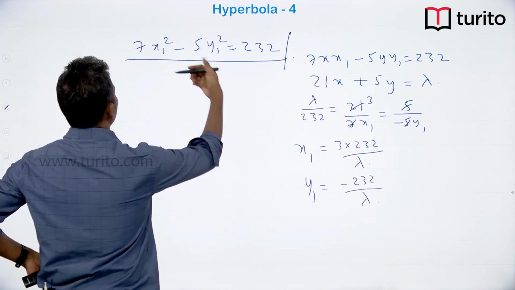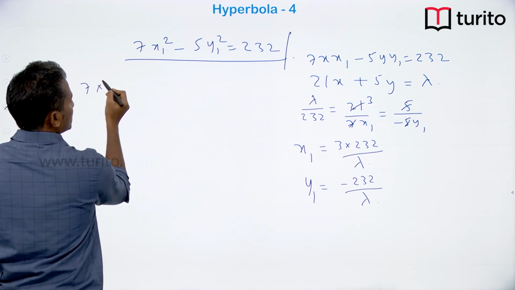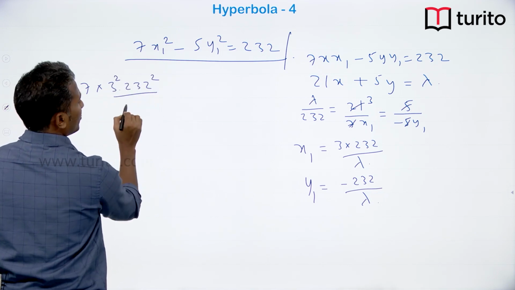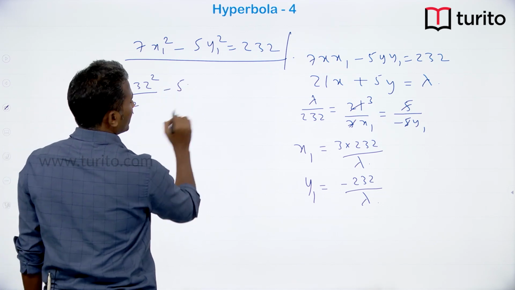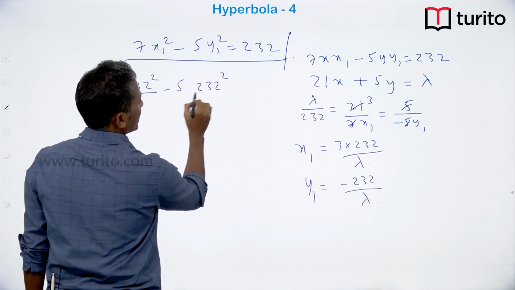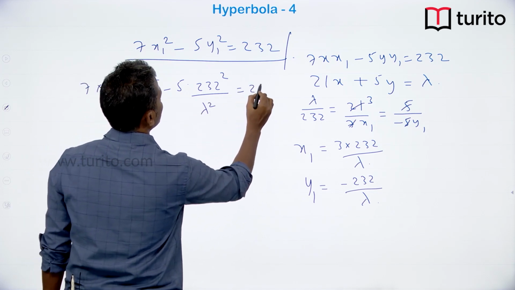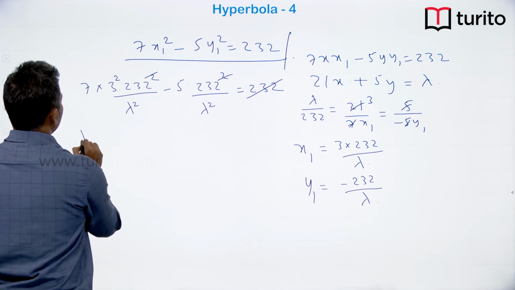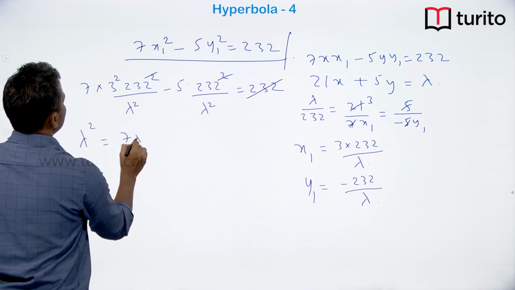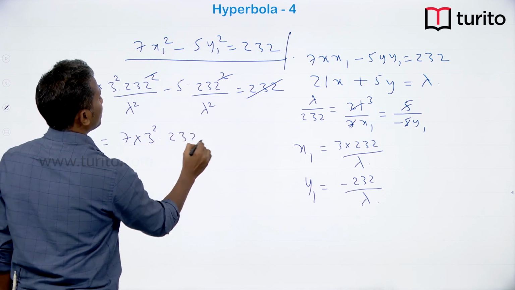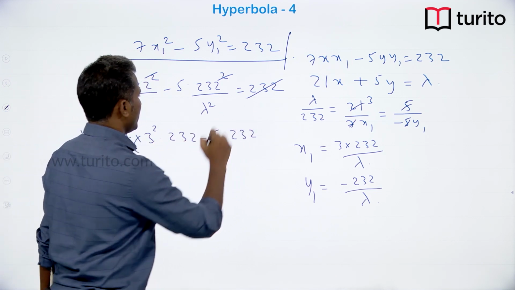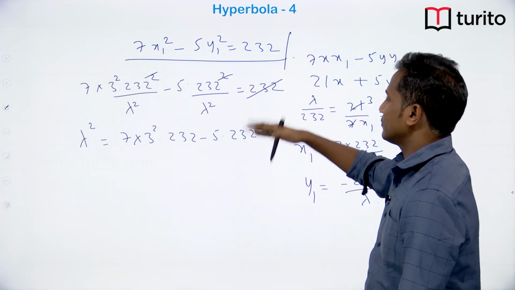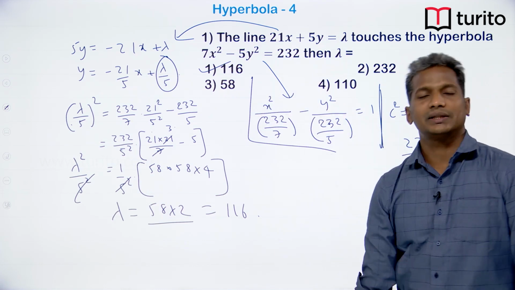So how do we do that? 7 into 3 square into 232 square by lambda square minus 5 into 232 square by lambda square equal to 232. Fortunately, 232 is getting cancelled, and we are getting lambda square is equal to 7 into 3 square into 232 minus 5 into 232. This way also you can calculate. So we can either start with the point x1, y1, or we can also do it like this.